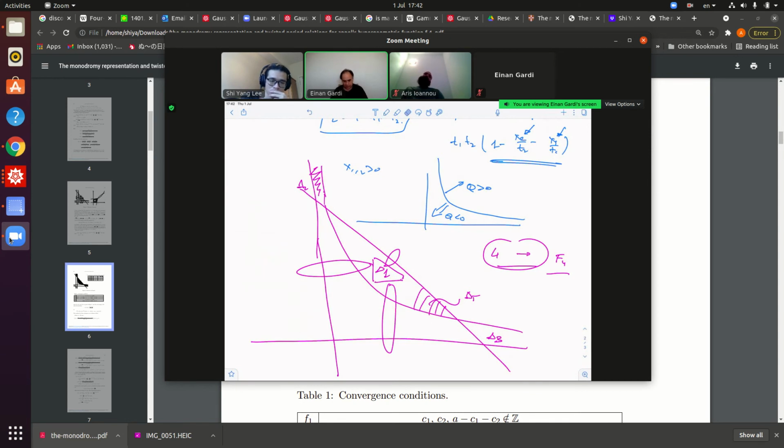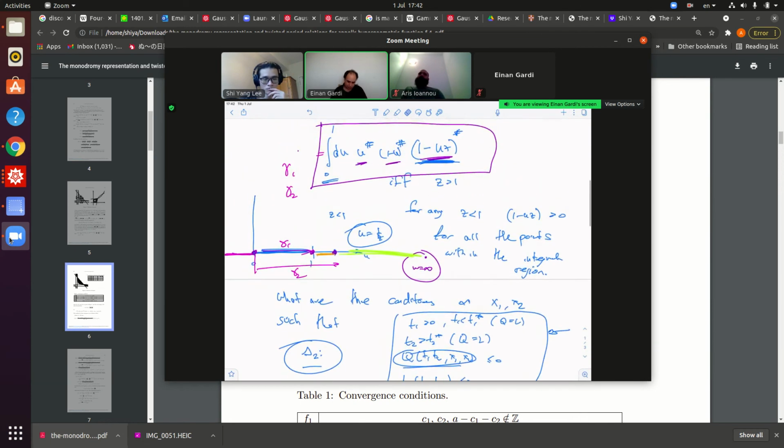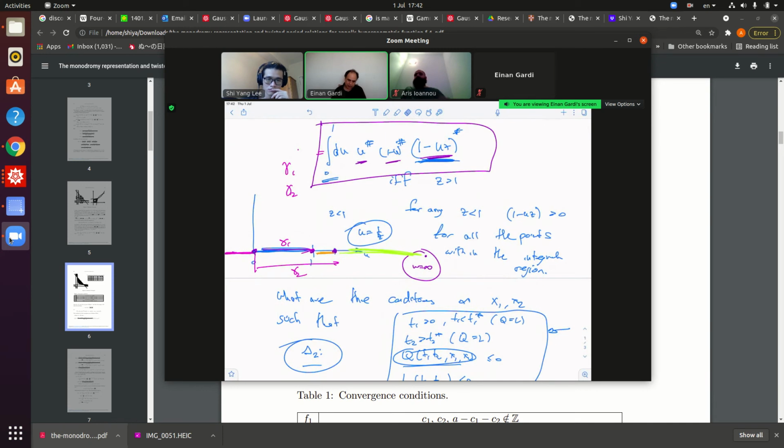Now, let me try to explain the problem that I encountered before. The contour gamma 2 that I defined here in the 2F1 case is the contour that ends at the point u equals 1 over z. With this contour, this object here is always going to have the same sign.